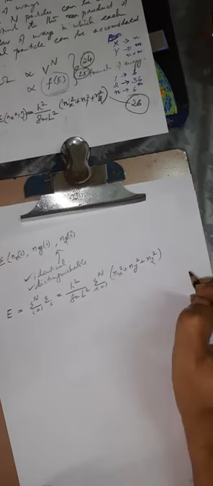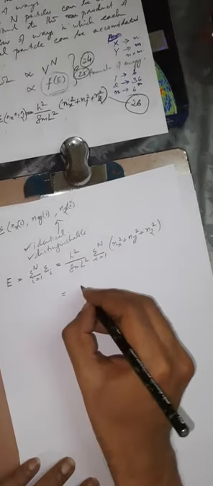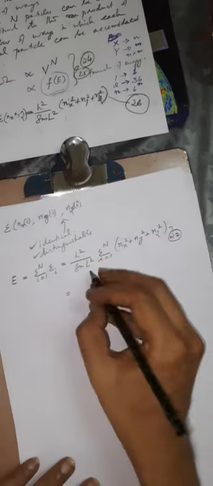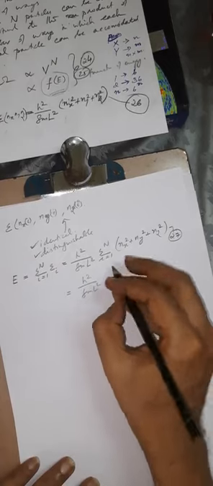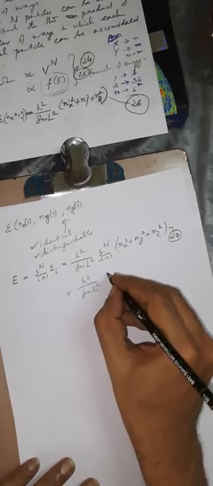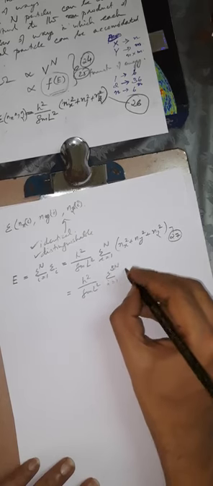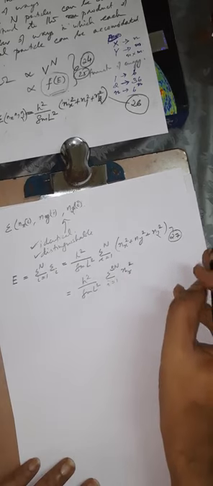Let this be equation number 27, and this can be simplified as h squared by 8 m l squared, sum over i equal to 1 to 3n of n_r squared.